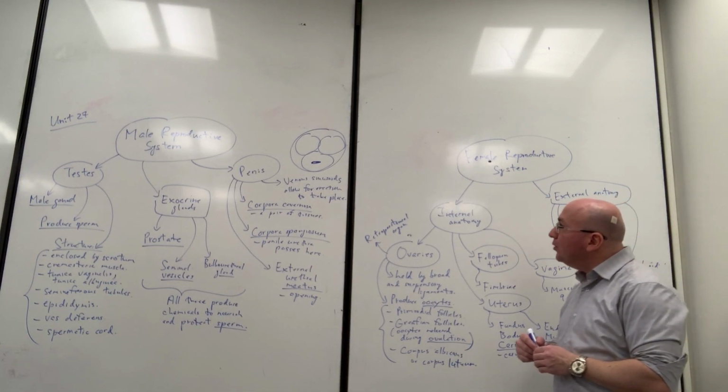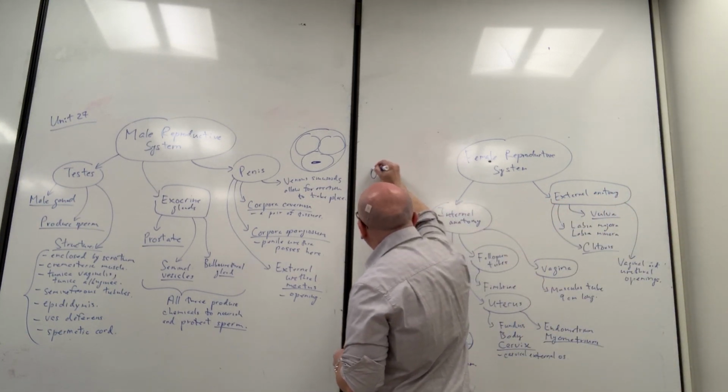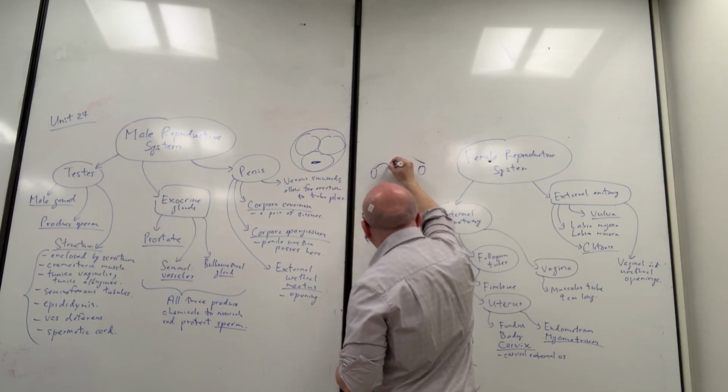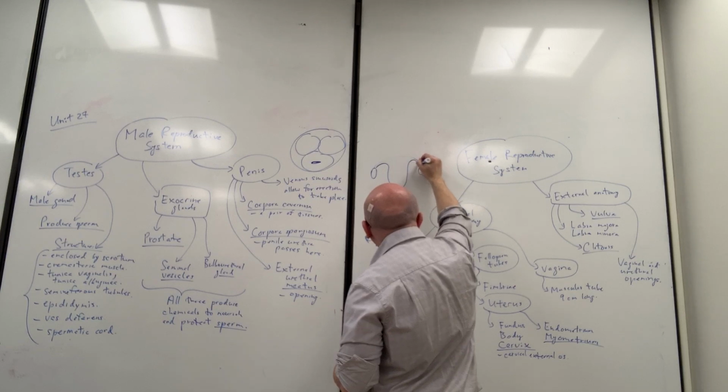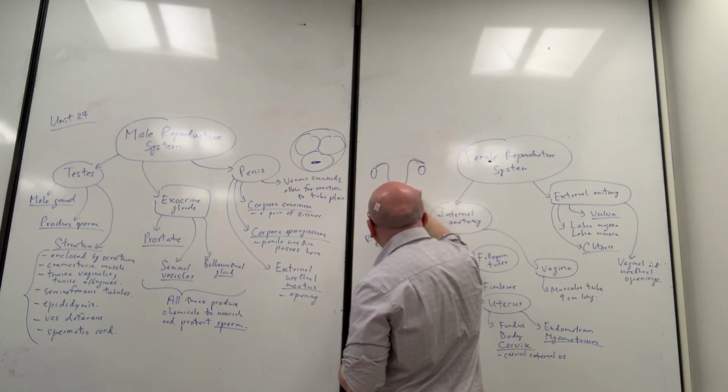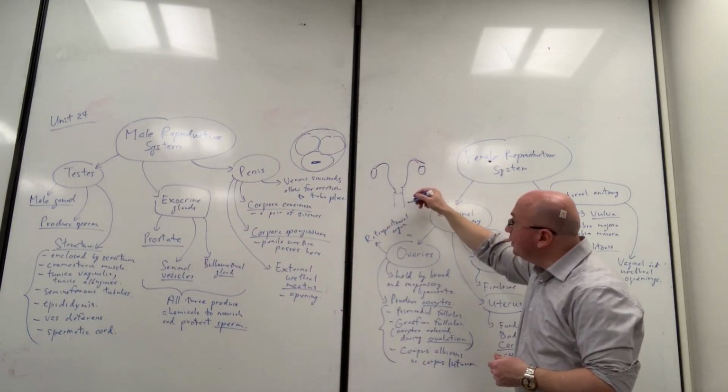Now, when we think of the reproductive tract, I'm going to draw this. These are our ovaries, we have fallopian tubes, we have the uterus, the vagina.